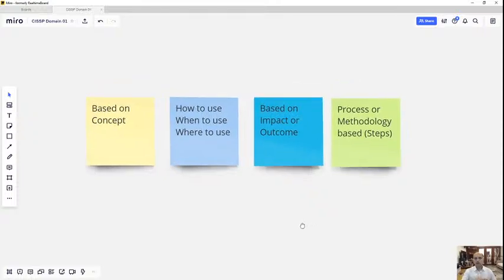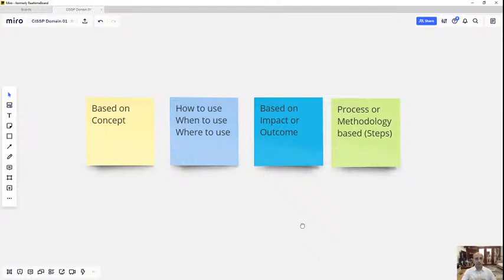So the first type of questions you can get on any takeaway is based on the concept, which is our takeaway, right? It can be our topic, it can be our subtopic, or it can be the takeaway. So first is based on the concept. Second, how to use that particular concept, when to use it, and where exactly to use it. That is the second type of questions possible.